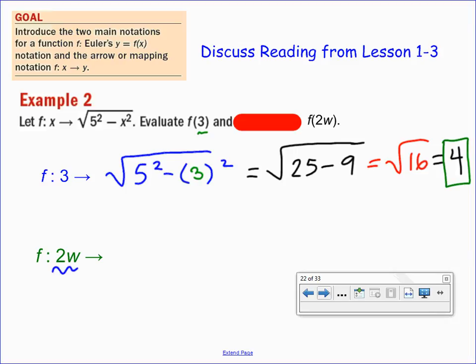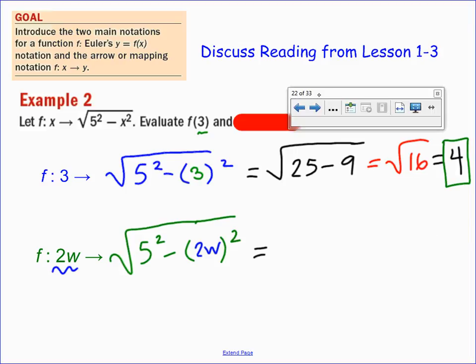So I'll still rewrite my function rule, the square root of 5 squared minus input squared, except everywhere I see an input, we're not going to put x, we're going to put 2w. There we go. Let's try it. Remember, squaring comes before subtraction, so I still have square root 25 minus 2w times 2w.